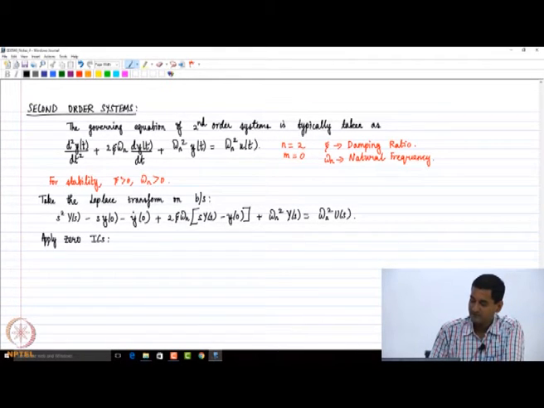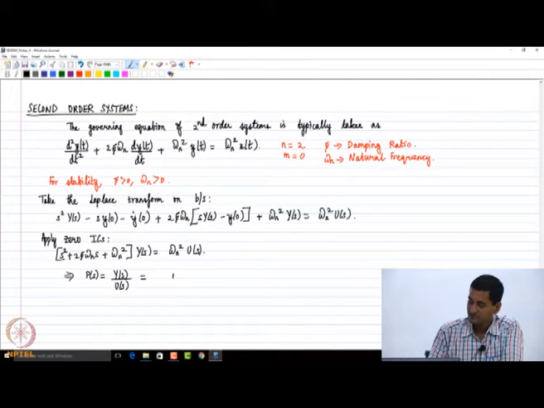We get (s squared plus 2 zeta omega n s plus omega n squared) times Y(s) equals omega n squared times U(s). So the plant transfer function P(s) equals Y(s) over U(s), which is omega n squared divided by s squared plus 2 zeta omega n s plus omega n squared.